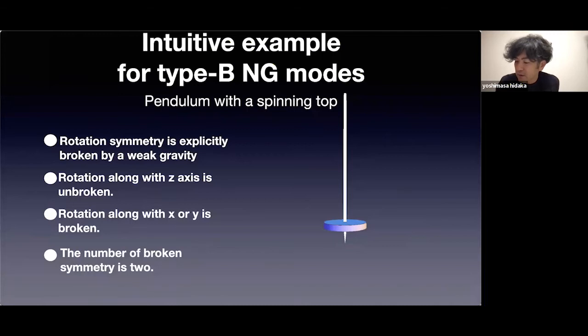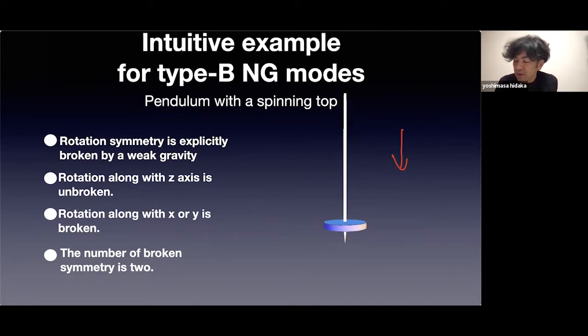There is gravity in this direction. This is a classical system. Originally this has rotational symmetry, but this symmetry is explicitly broken by gravity, so this pendulum is aligned to this axis.